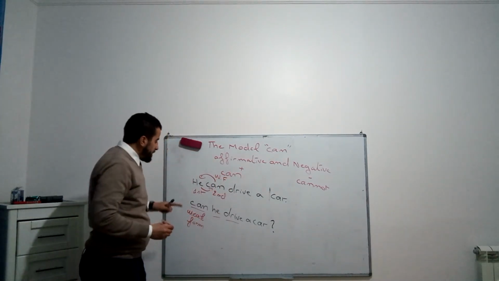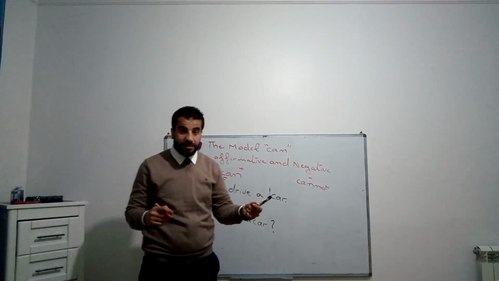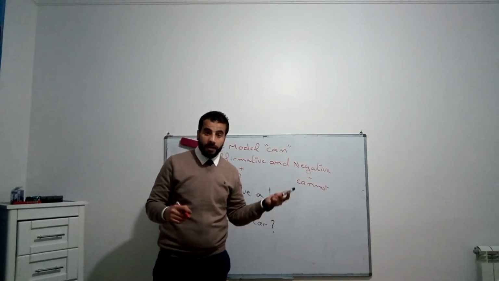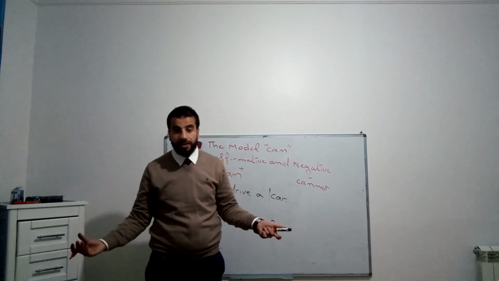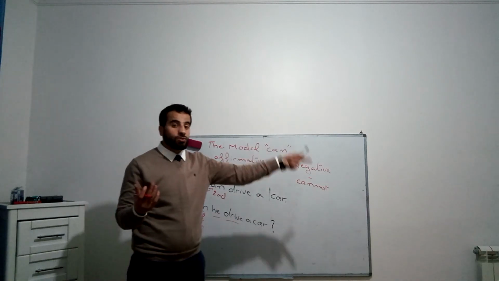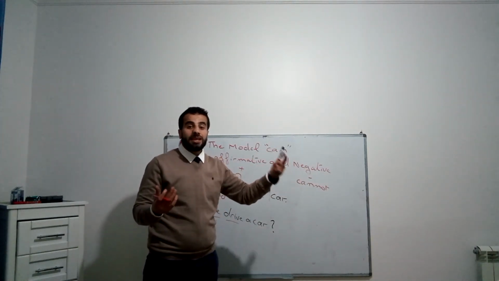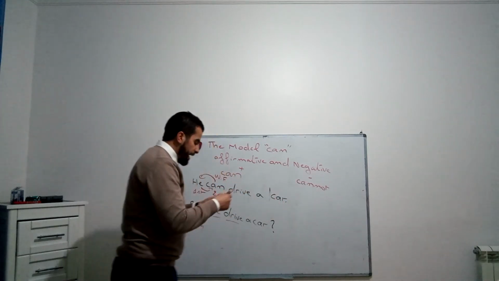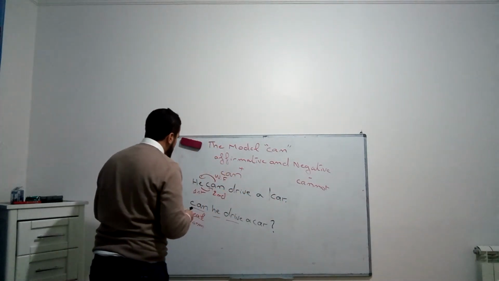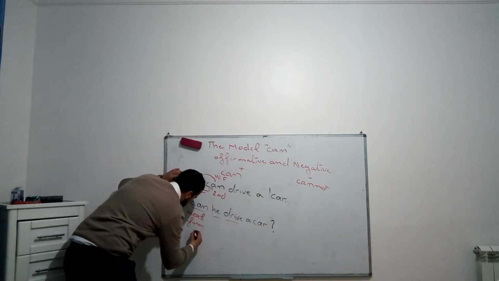But if we answer the question by saying yes, answering affirmatively, we will change the form of can. It becomes strong. So can becomes strong only in this condition when we say yes.